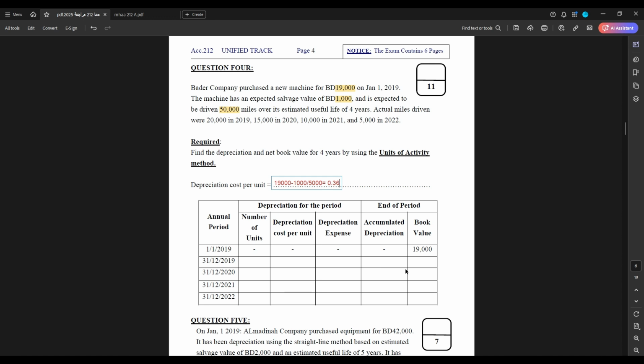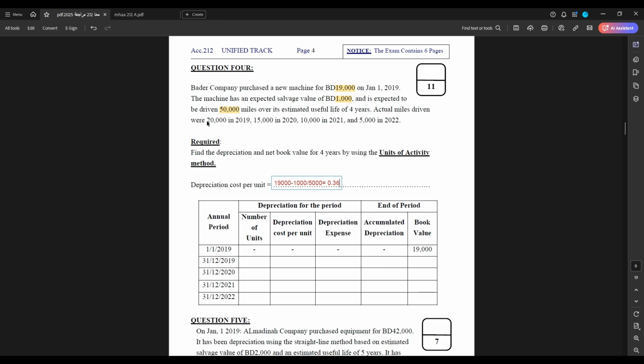Now moving to the depreciation cost for the period. On the table we have to record, the first is the book value at the beginning, 19,000, and we will start by writing the number of units for each year.